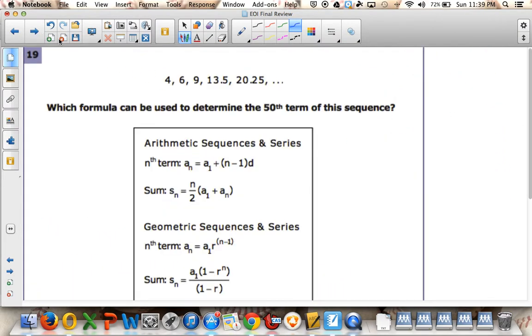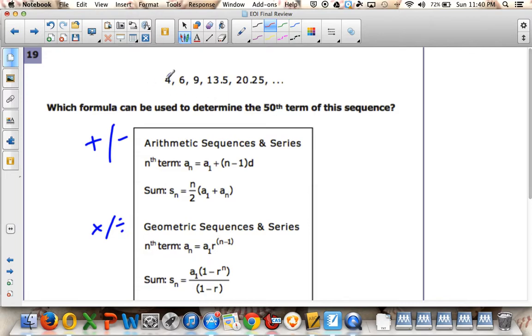Next question. Which formula can be used to determine the 50th term of the sequence? First of all, we need to determine whether it's arithmetic, being plus or minus, or geometric, where it's multiply or divide. Okay? So let's look to see if it's arithmetic. If it's arithmetic, it has a common difference, like it's adding 2 to each one, or adding 3, or subtracting 5, something like that.